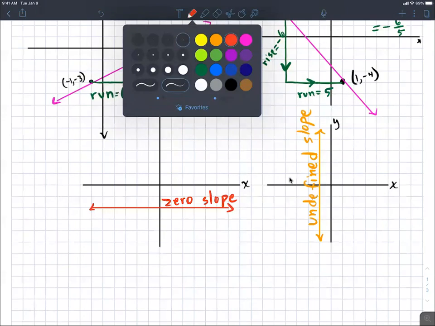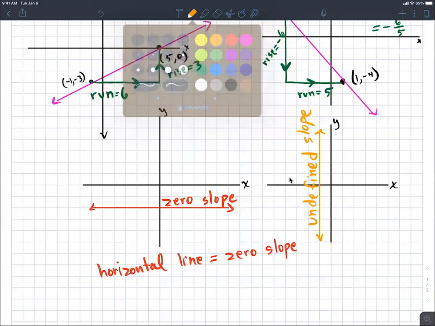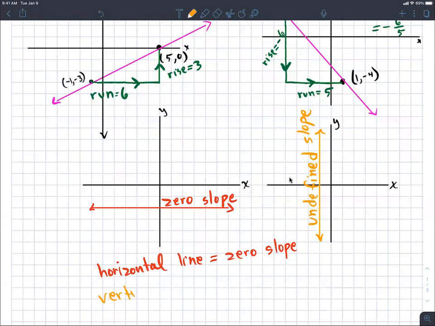Just to reiterate there at the very end, if we have a horizontal line, that is a zero slope, or you could write the number zero, that's fine too. If you have a vertical line, that is an undefined slope. And those are the 4 different types of slopes that you will find.